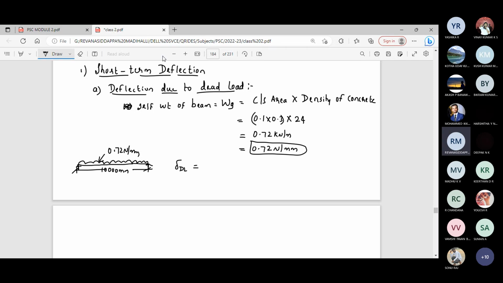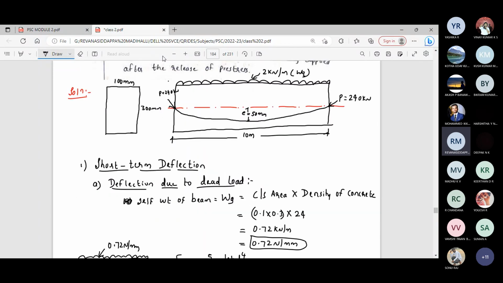For a beam simply supported carrying UDL, the formula is 5 by 384 into Wg L raised to 4 by Ec into Ix. And Ec is given.